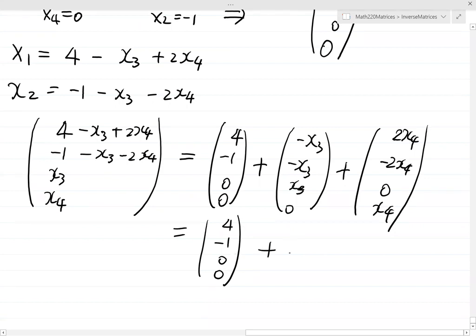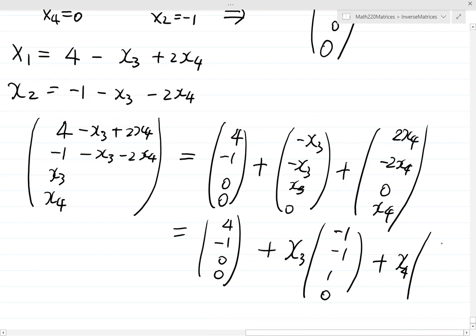Then the null space is spanned by negative 1, 1, 0, and another vector, so a linear combination of the two vectors that we have here: negative 1, 1, 0, and the other vector 2, negative 2, 0, 1.